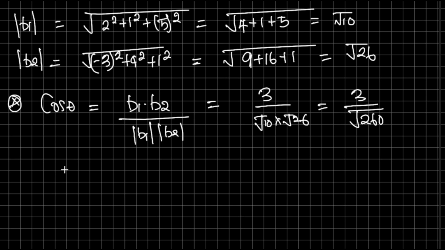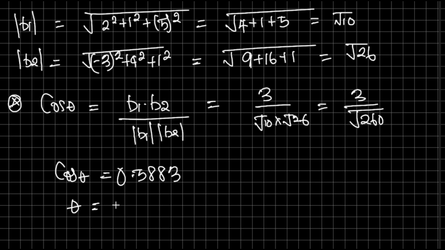Let's take our calculator and find the value. Take your calculator, guys, and let's check it together. Cos theta equals 3 divided by root 260, and that is equal to 0.5883.